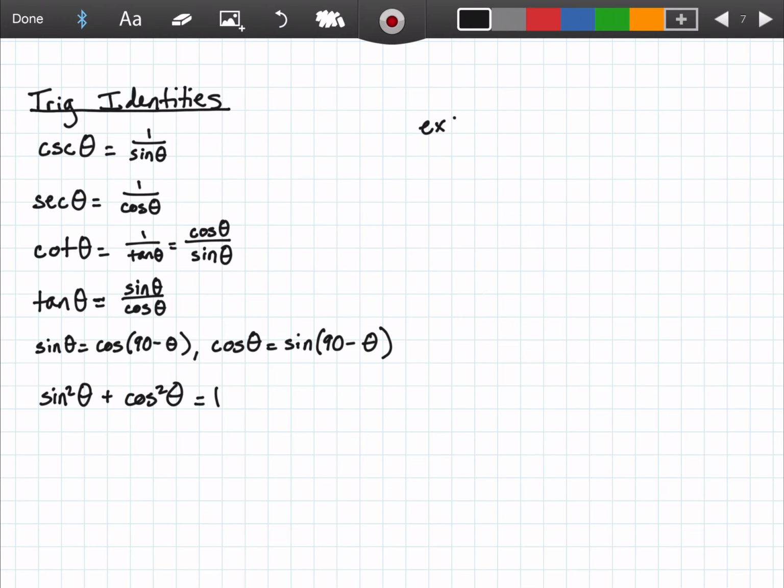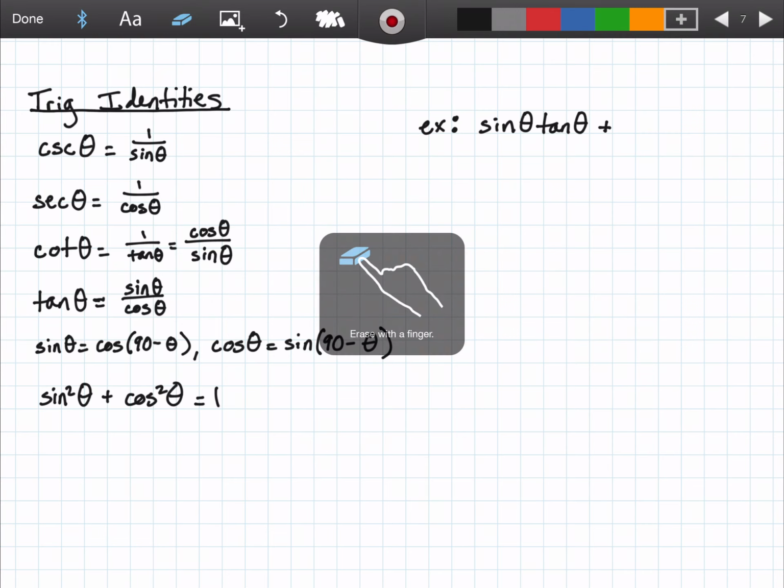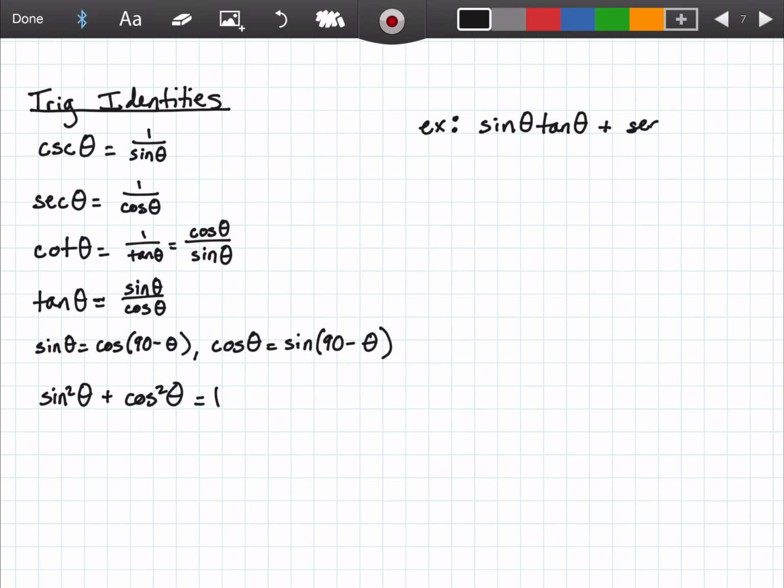Let's do an example. Let's say I want sine theta tan theta plus secant theta. Our job is to simplify that.